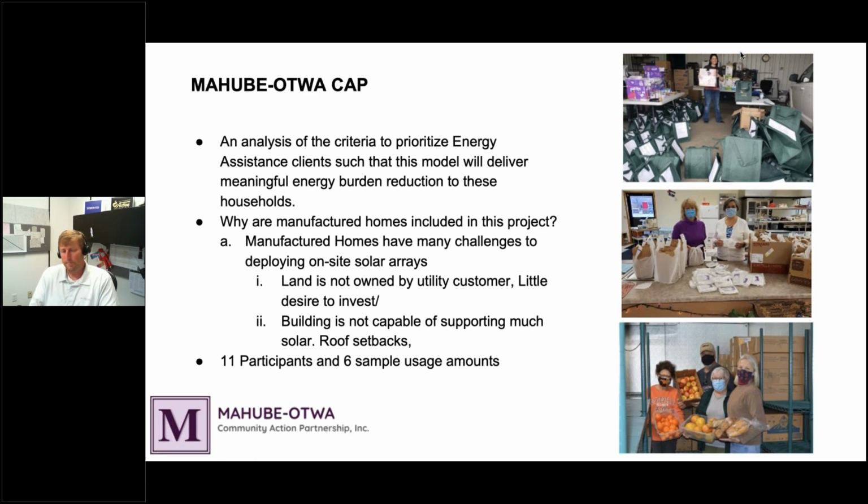Kind of covering a little bit of that here. Like I said before, manufactured homes aren't necessarily energy efficient. They tend to age, and as they age, they definitely need a little bit of extra work. So, in addition to the solar project, a few of the homes have already received weatherization through the Department of Energy weatherization programs that we offer here.